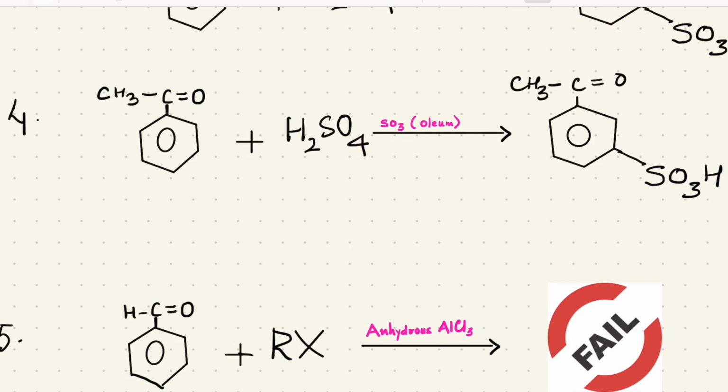So that's why when we do the halogenation, we take excess of aluminium chloride, right? But in Friedel-Crafts, the reaction is not possible because of the complex formation. So these are the electrophilic substitutions in benzaldehyde and aromatic ketones.